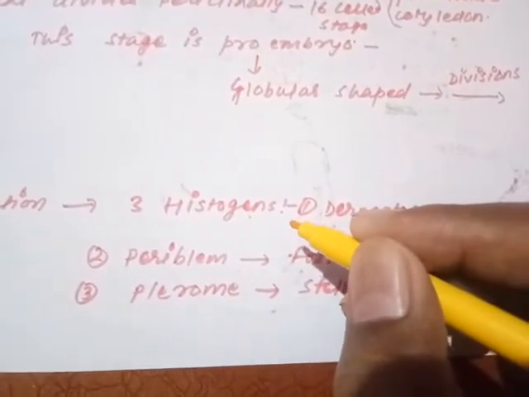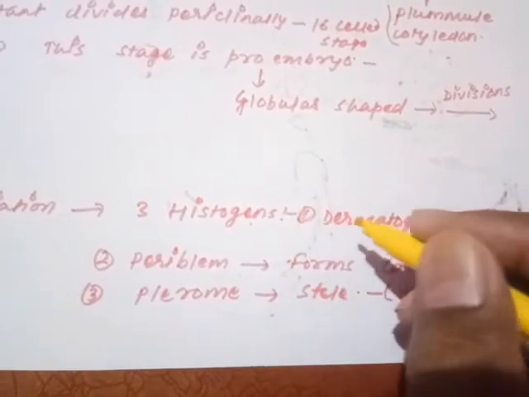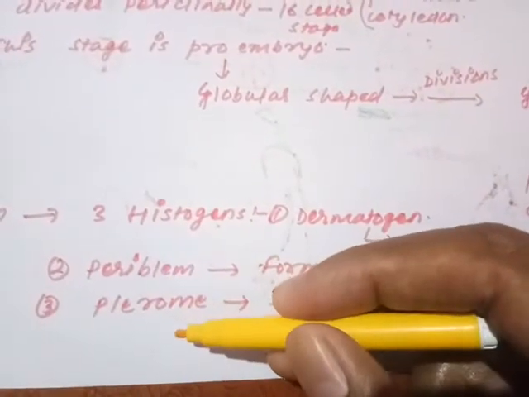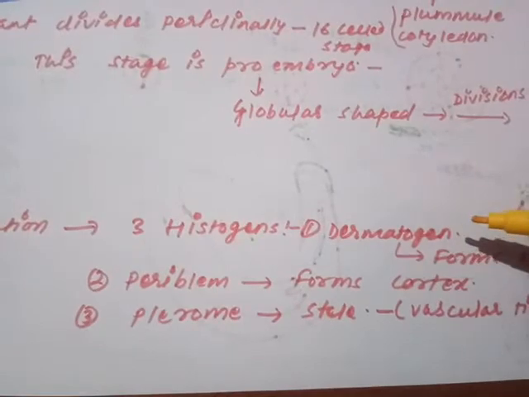Histogens are the particular structures or tissues which are going to generate a particular type of tissue. Here three histogens are developed: the first is called dermatogen, the second is called periblem, and the third is called plerome. These three basic histogens are produced in the heart-shaped embryo after differentiation.